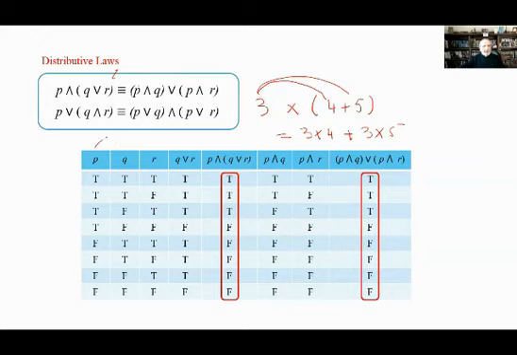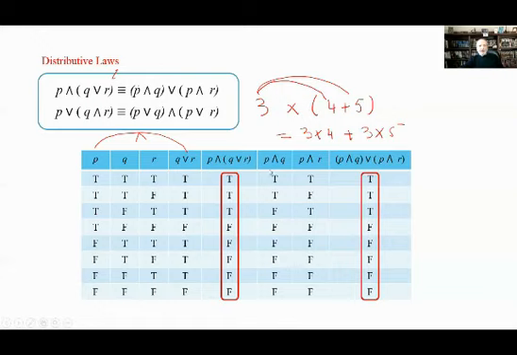So we're doing this with an and. So true and true is true, true and true is true, true and true is true, true and false is false, false and true is false, false and true is false. So you get this here.